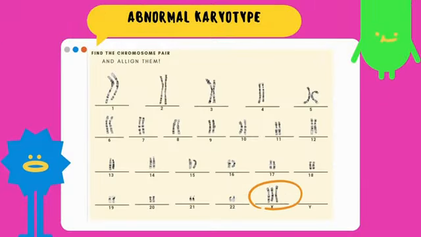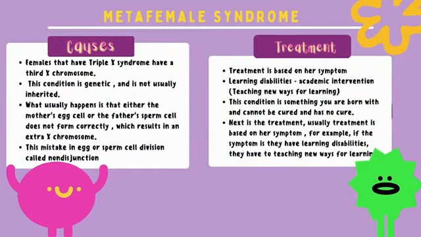Now here we have the abnormal karyotype. After we managed to align all the chromosomes, we found out that there are 3 X chromosomes, which lead to abnormalities usually called meta-female syndrome. This genetic condition is mainly caused by non-disjunction during cell division, in which the sperm cell or egg cell does not form correctly.